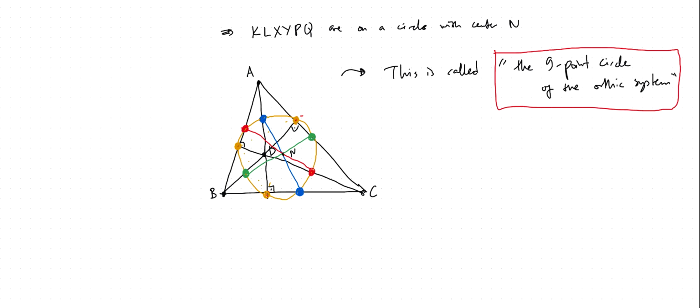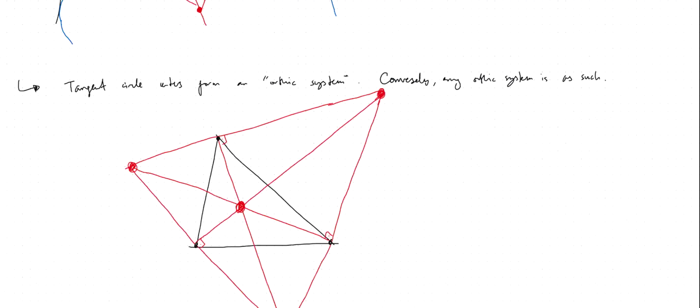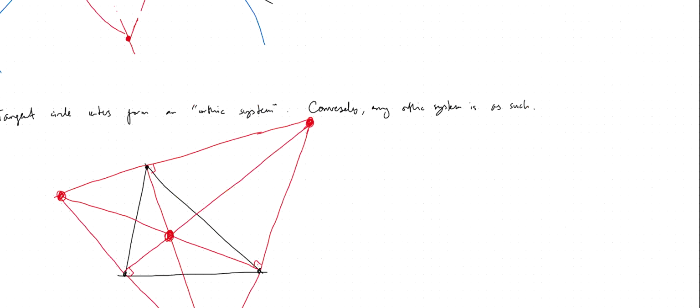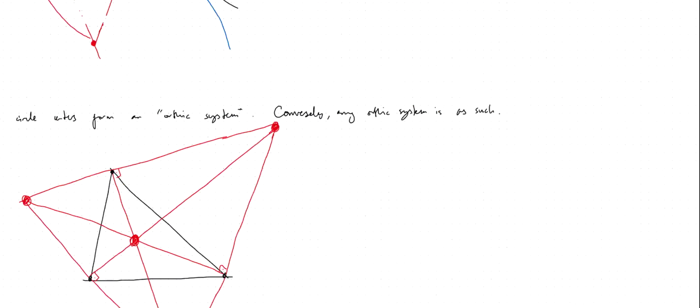Maybe we should prove this. So the fact that these form an orthic system is clear, but conversely any orthic system is such because... Let me slightly move the statement.